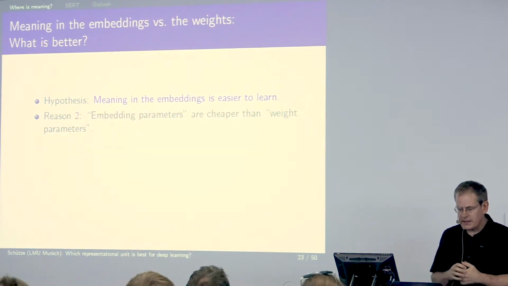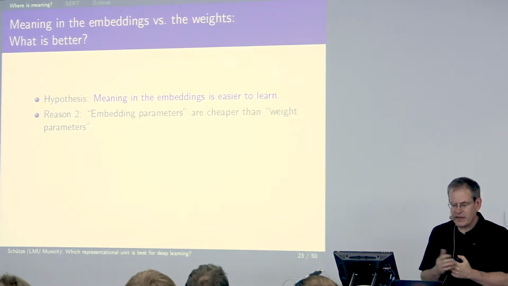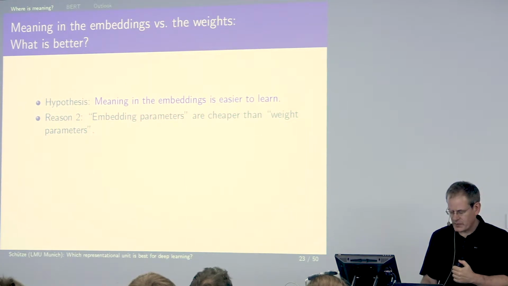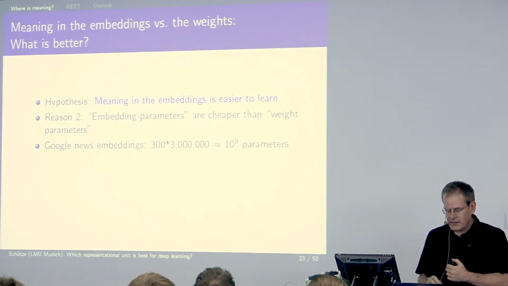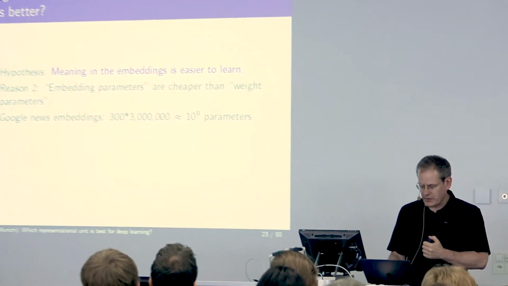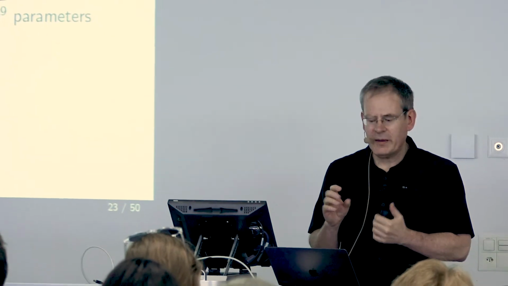And the second reason is that embedding parameters are cheaper than weight parameters in terms of learning. If you look at Google News embeddings, that's about 10 to the 9th parameters. And that's something that's pretty easy to learn. I mean, nowadays, I think any university lab, any company can basically reproduce this experiment.